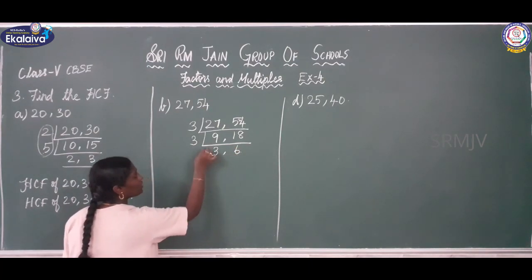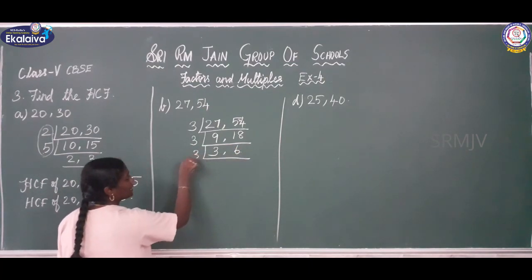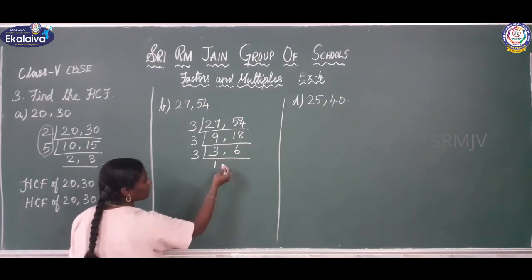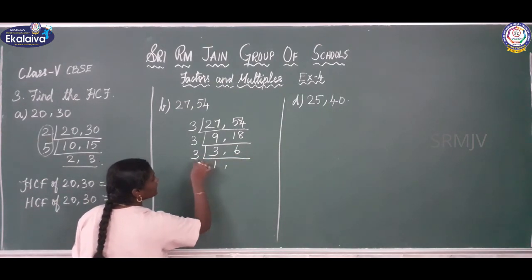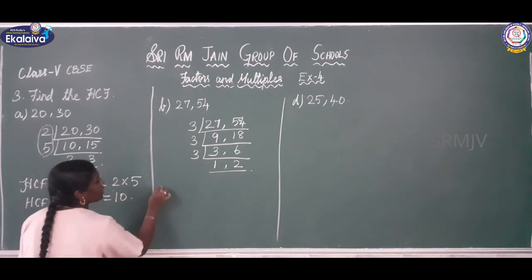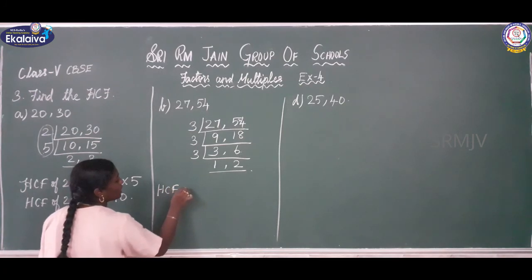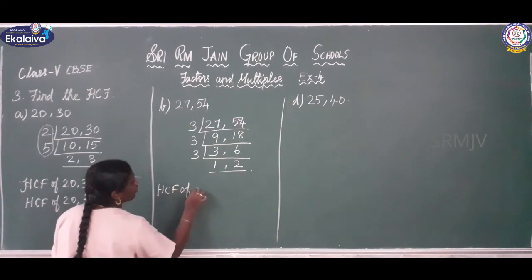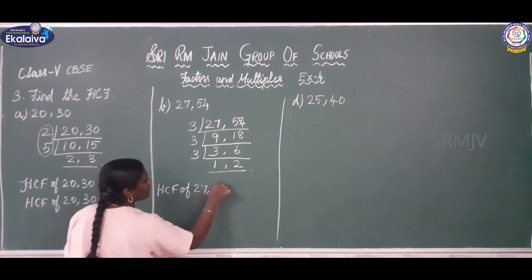Here again both the numbers are divisible by 3. Here 3 divided by 3 is 1, and 6 divided by 3 is 2. Now we have to stop here. So HCF, highest common factor of 27 and 54.